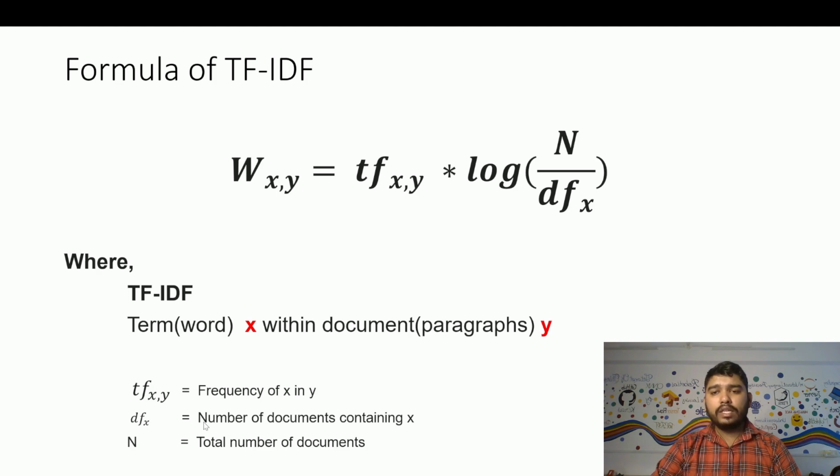DF(x) is equal to the number of documents containing x, and N means the total number of documents.